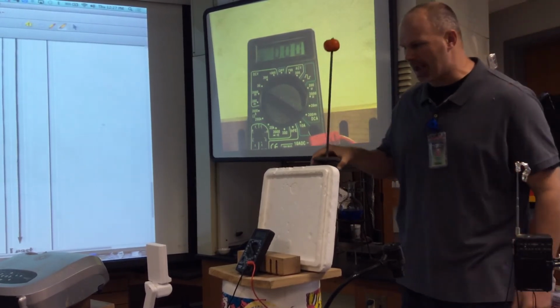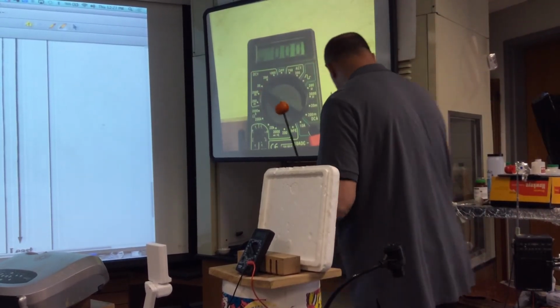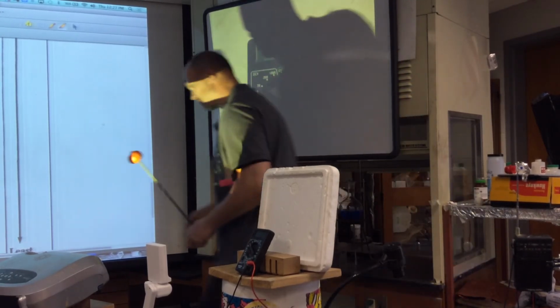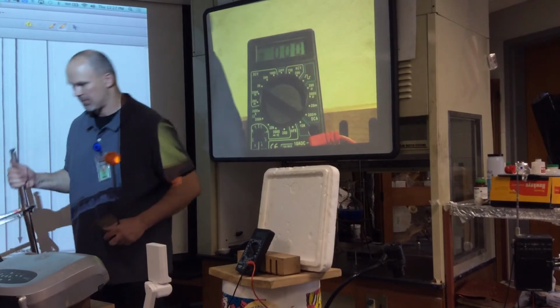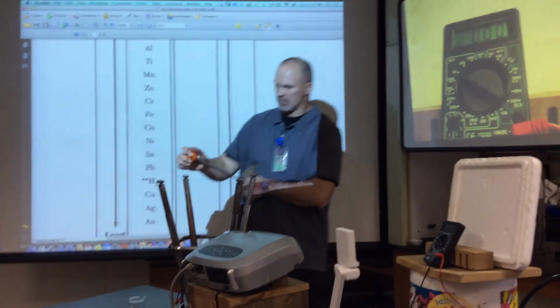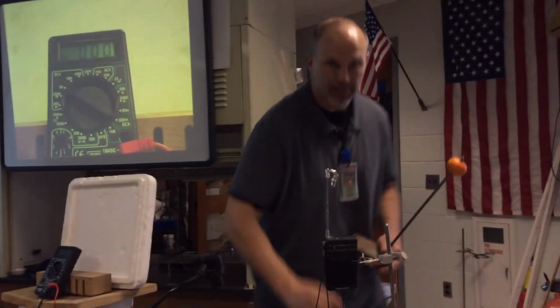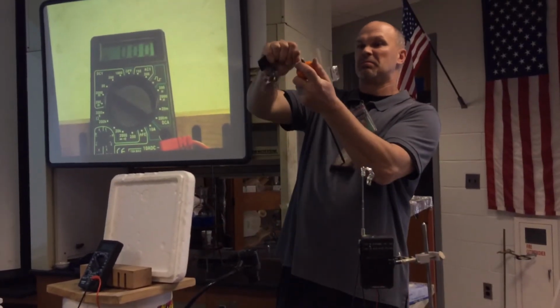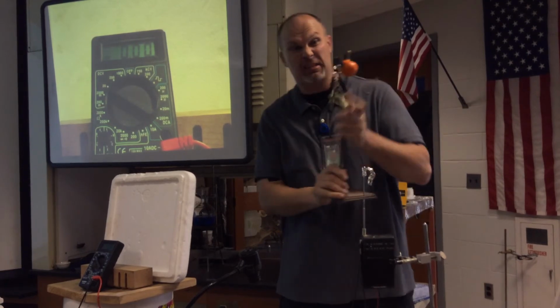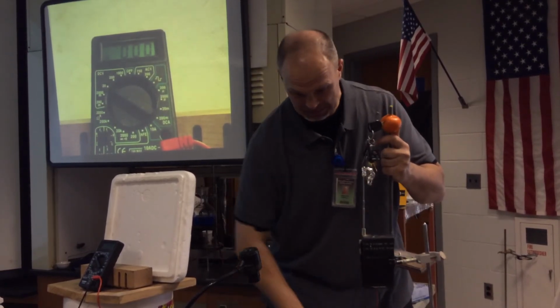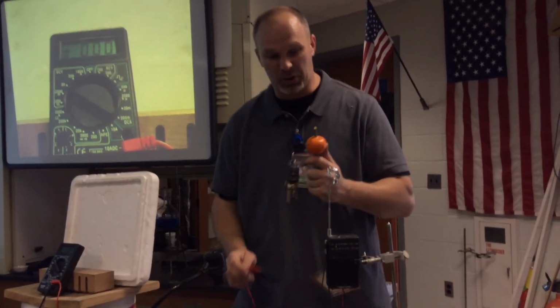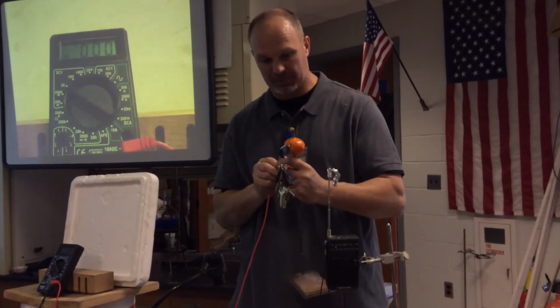Okay. What else can we use? Need a metal. Back to the keys, I think. Okay, I don't know which one's the anode or the cathode, I'm guessing. So I don't know what the metals are.